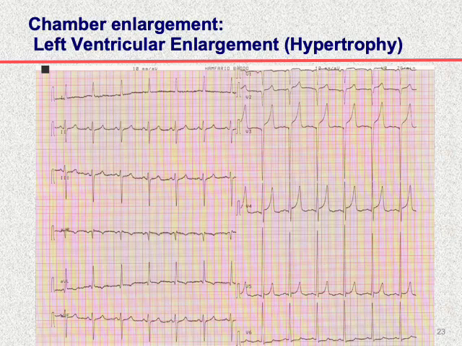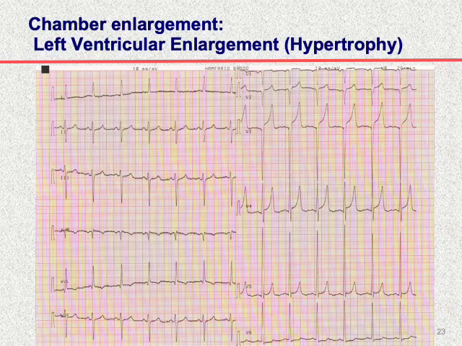There are other criteria also, like tall R in aVL. Here, as you see, more than 11 small squares, it is almost 13, so this is another index for LVH. We have different, actually many, scores, but this is the most famous of them.